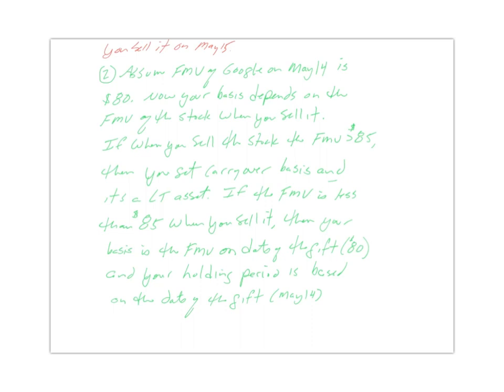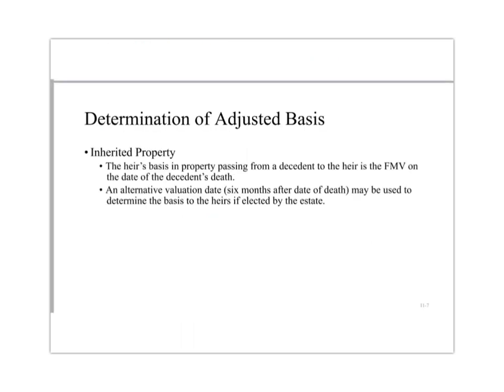So when you're talking about property that was gifted, you have to pay attention to the fair market value of the property as of the date of the gift, all right, in order to determine your basis. All right, with inherited property, the determination of basis is a whole lot easier.